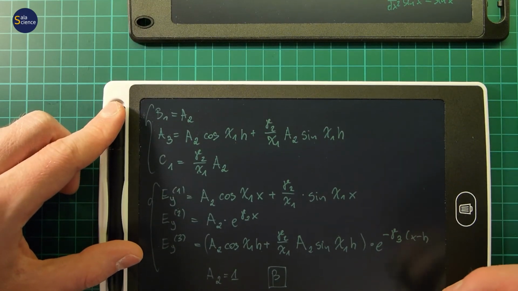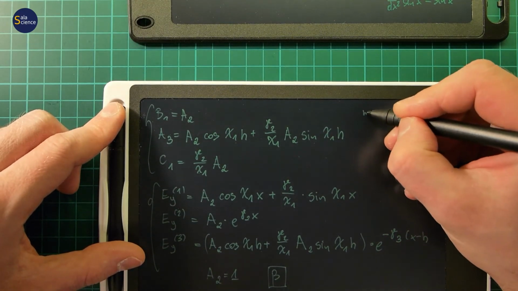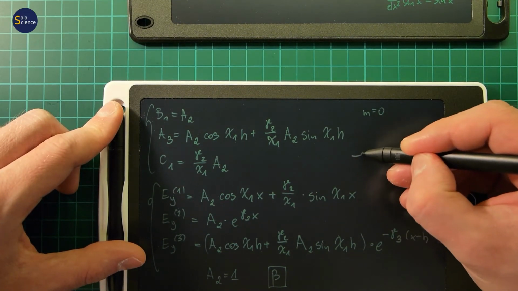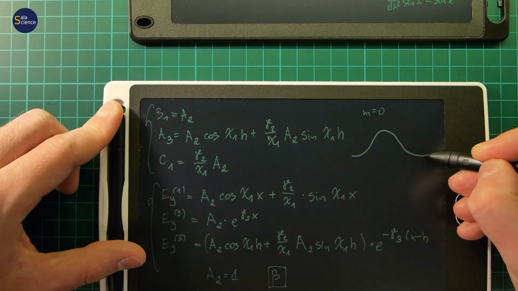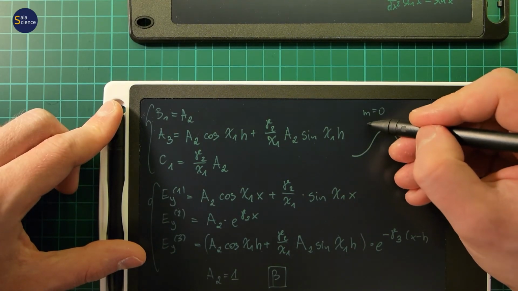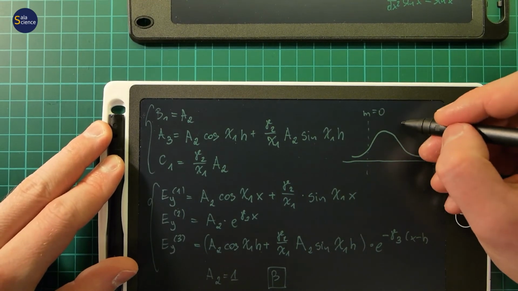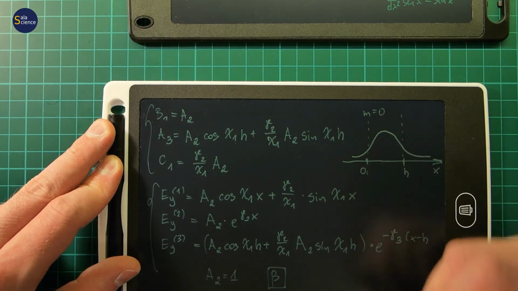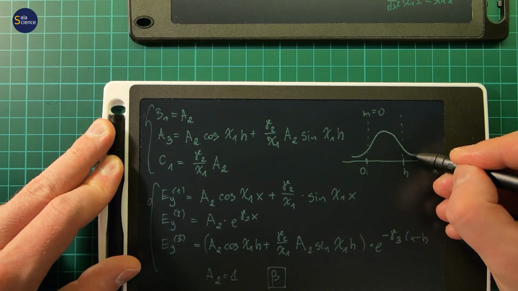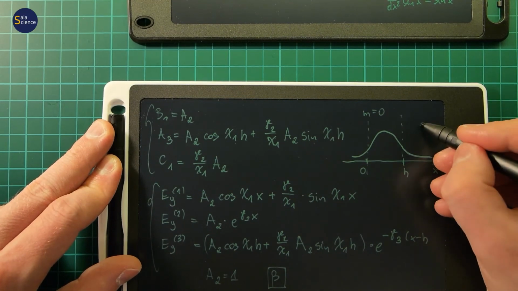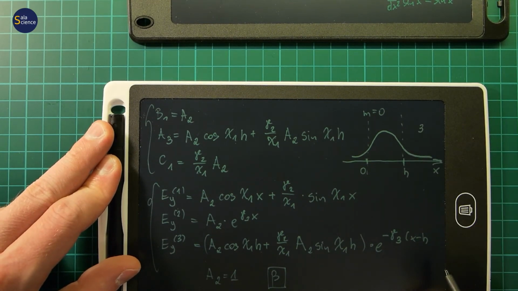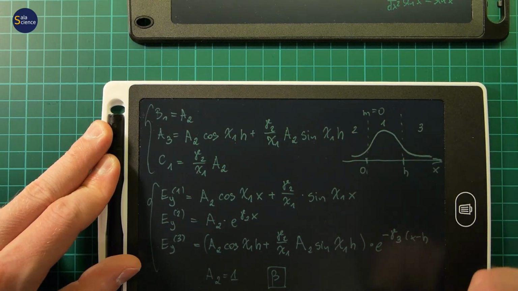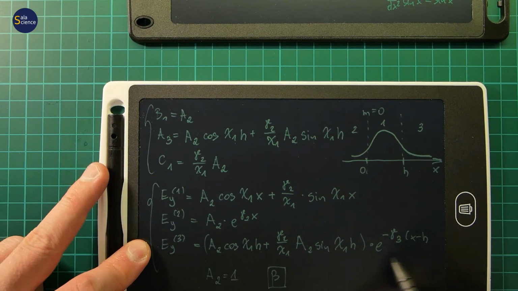And how does it look like? Well, for m equal to 0, this fundamental mode will look like this. Here is x, somewhere here is h, here is 0. So we have exponential decay in the third region. This is cladding, first two, this is core, and this is substrate. In the third region, we have this exponential decay.